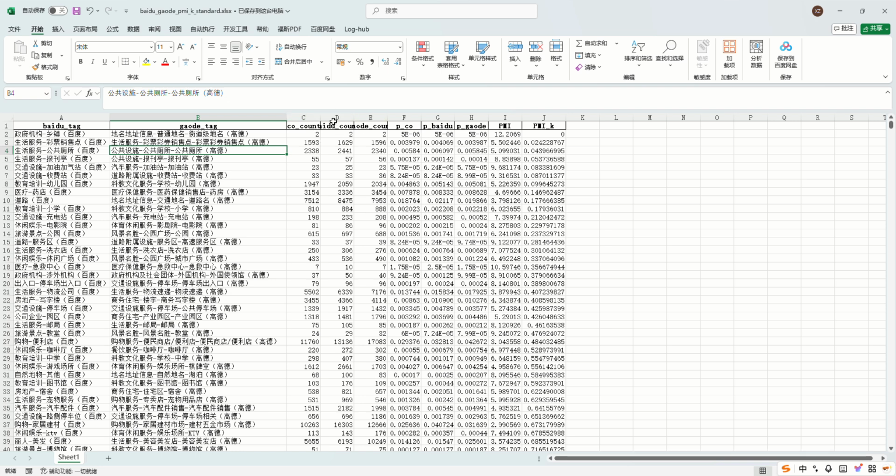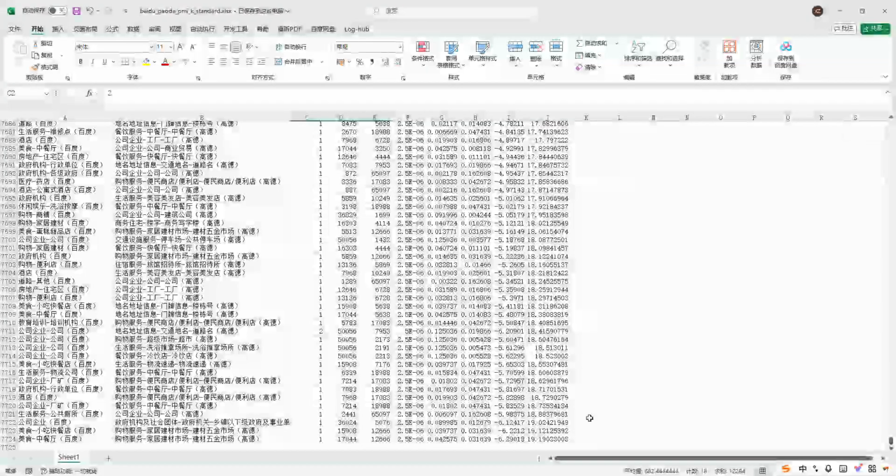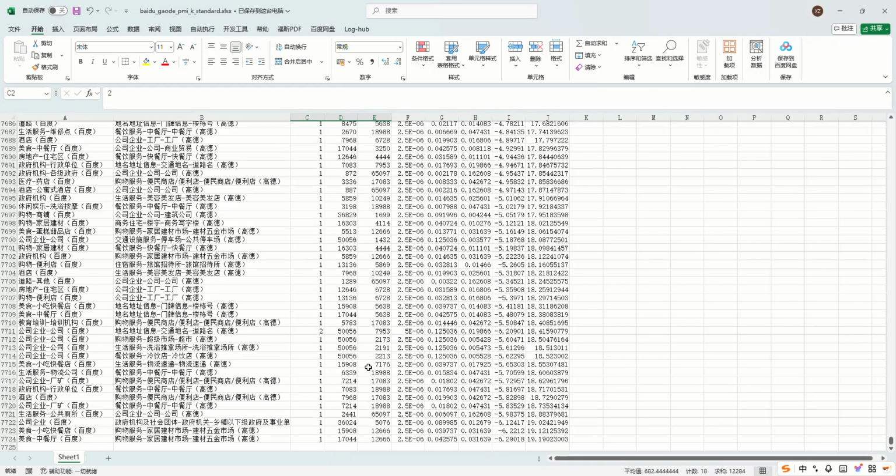For example, if two categories only appeared twice in the initial matching data and both were one-to-one matches, that means the connection is quite strong. You can see several similar pairs below. And let's take a look at other samples here.